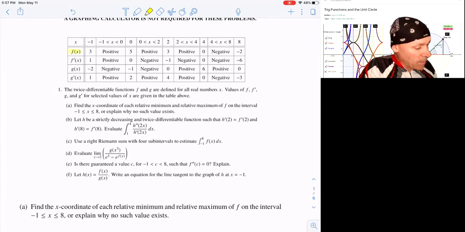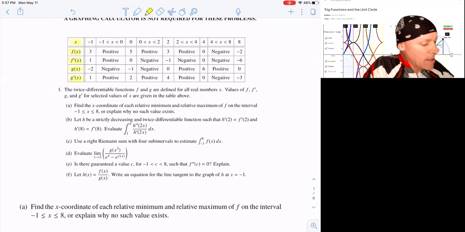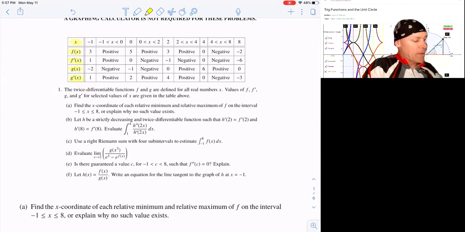Okay, so we've got f of x, f prime of x, g of x, and g prime of x given for these x values and also for those intervals on x. We're asked to do 1, 2, 3, 4, 5, 6 things with that information.